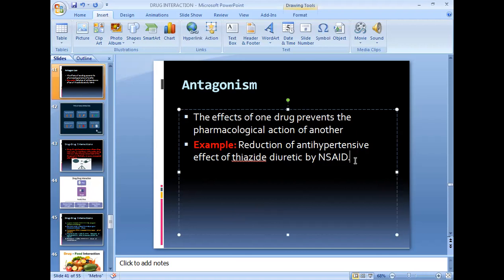So ultimately, it reduces their antihypertensive effect, and it is basically attributed to the inhibition of prostaglandin responsible for renal blood flow, which causes reduced renal blood flow and thus leads towards reduced diuretic effect and reduced antihypertensive effect.